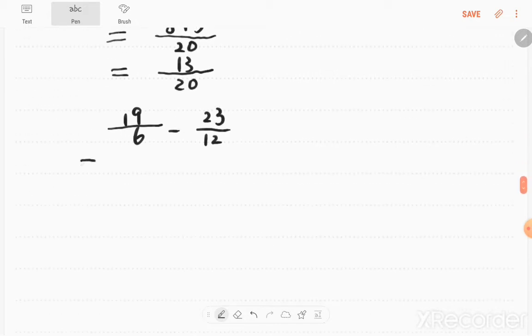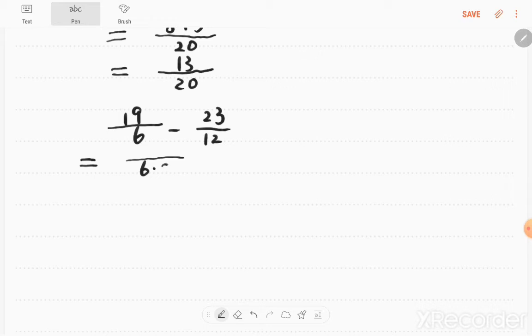So in this example, we realize 6 and 12 are not the same number. So the denominator is different. So we need to get the least common denominator. And for 6 and 12, we realize 12 is our common denominator.